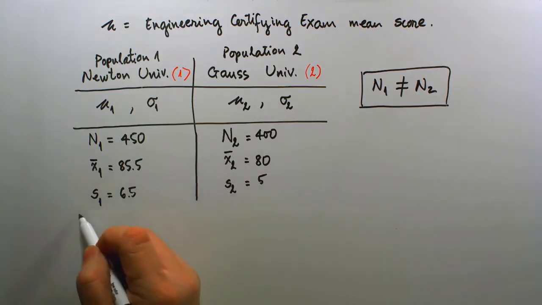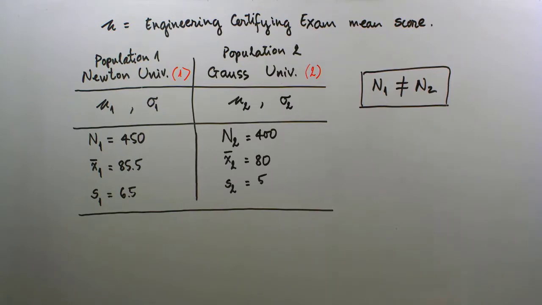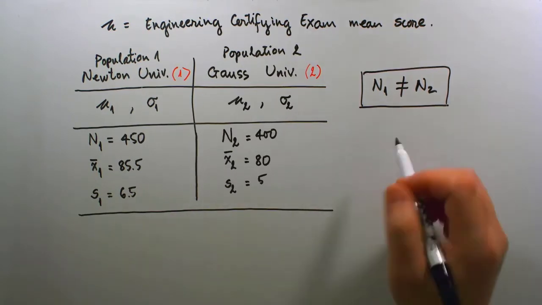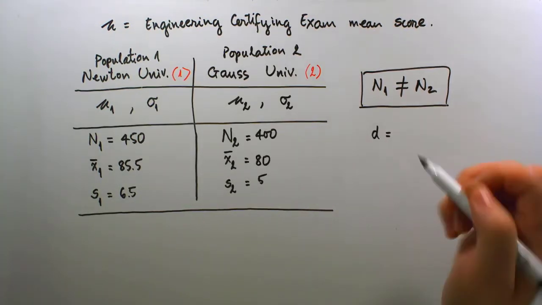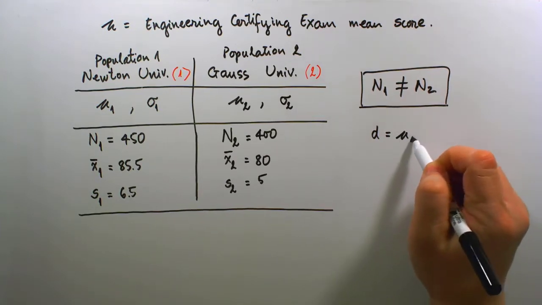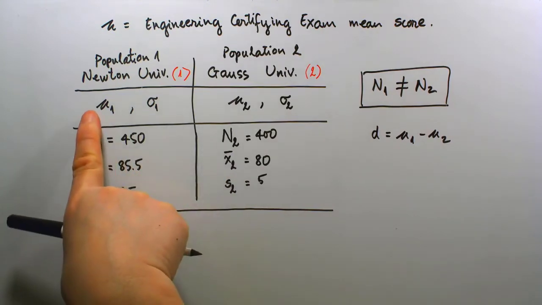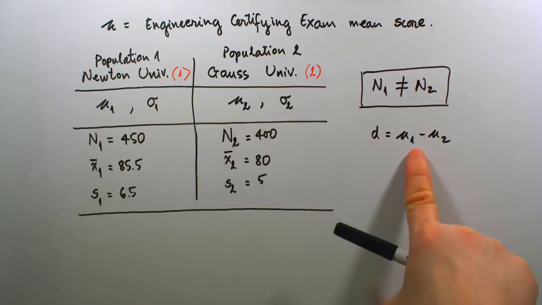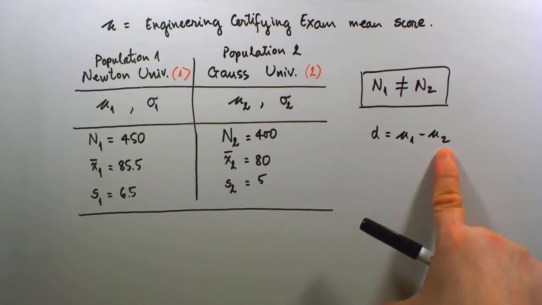And so immediately, once we have learned through the general lecture, recall that a D, or the D value, is defined as the difference mu1 minus mu2. So in this case, it's going to be this value mu1 minus mu2, and it's always going to be a population value from population 1, subtract the value from population 2.